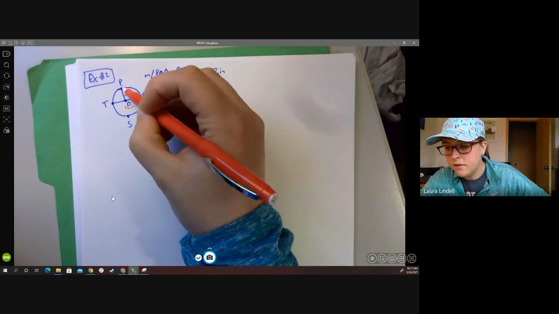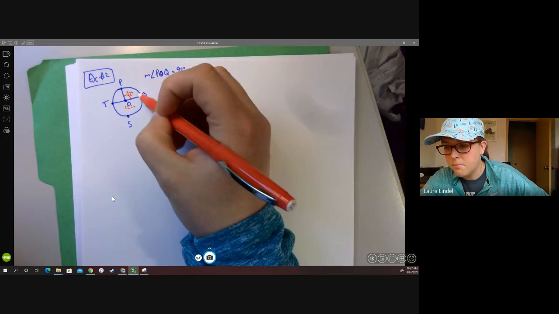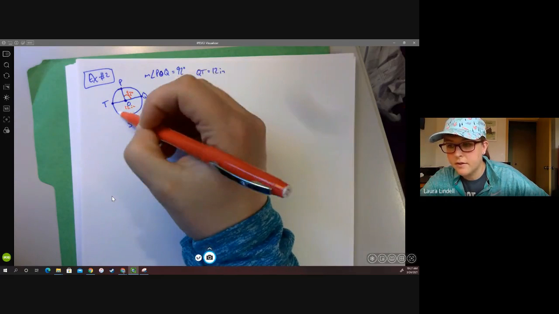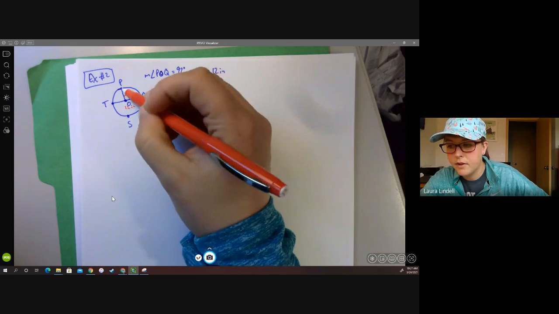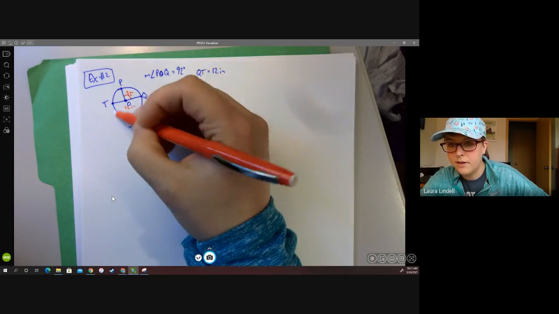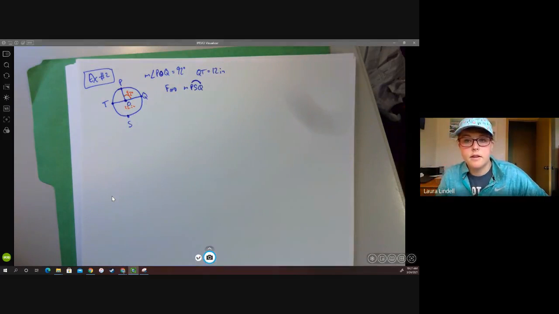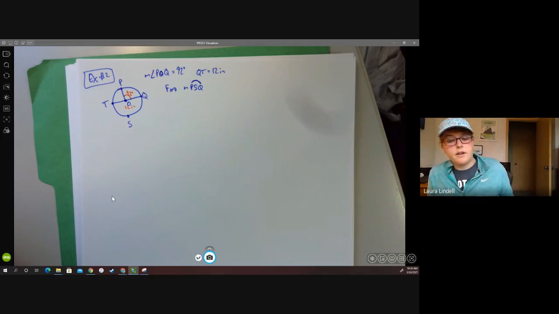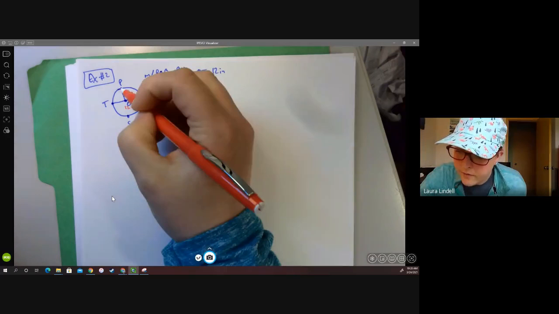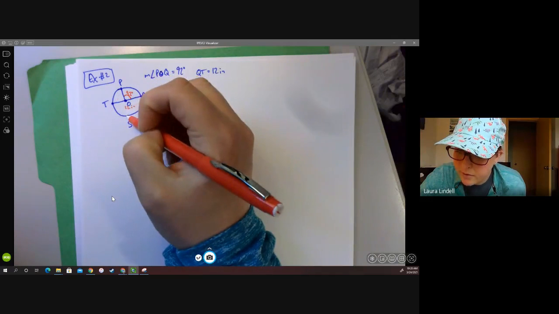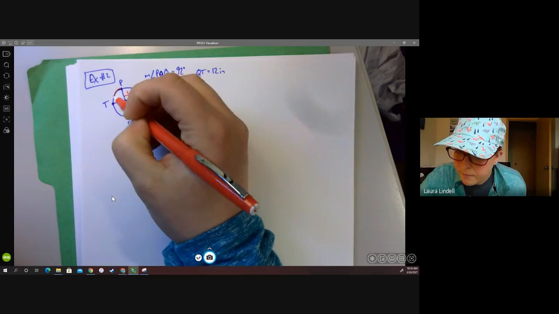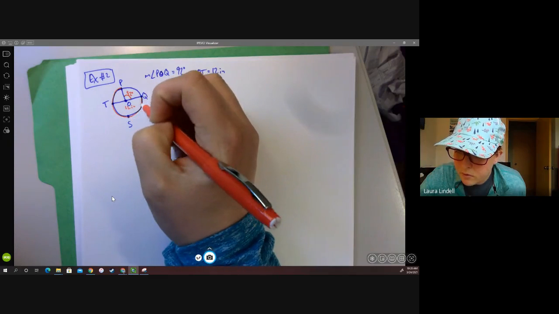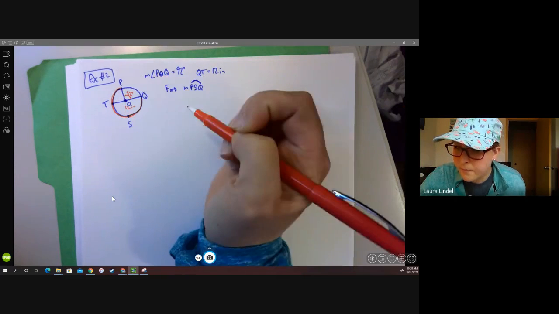Is it going to be the minor arc or the major arc? This time we're looking for the major arc because we've got 3 letters involved. If I trace from P around the circle to S to Q, we're looking for the larger arc here.